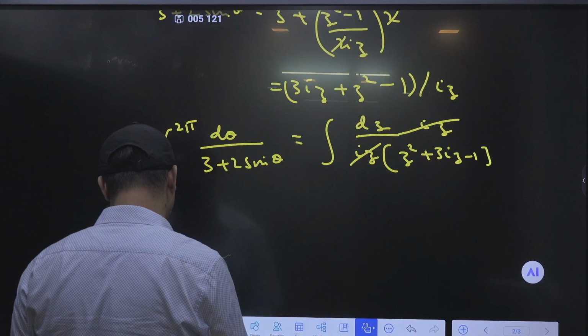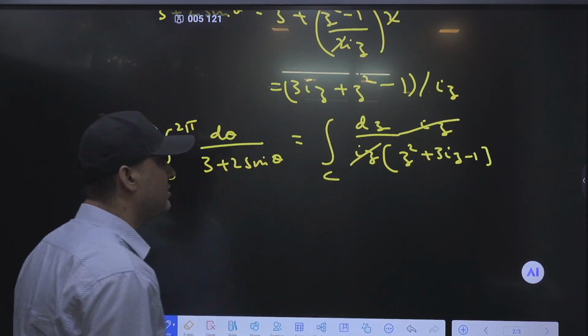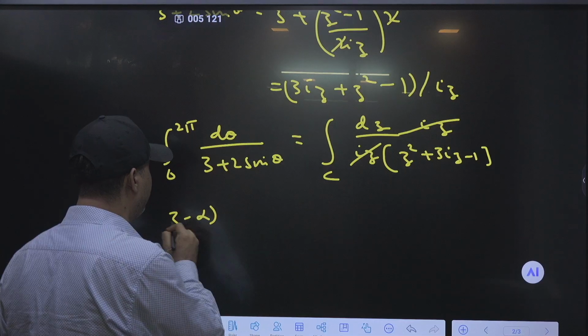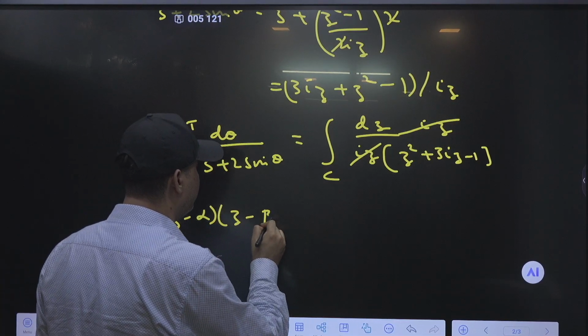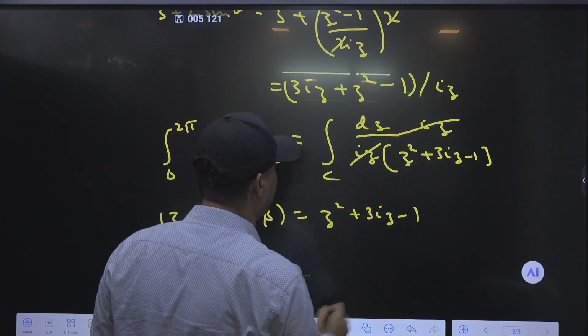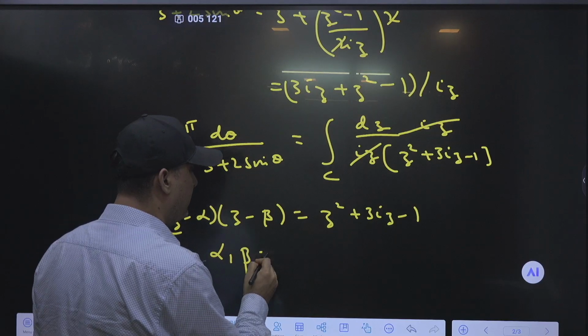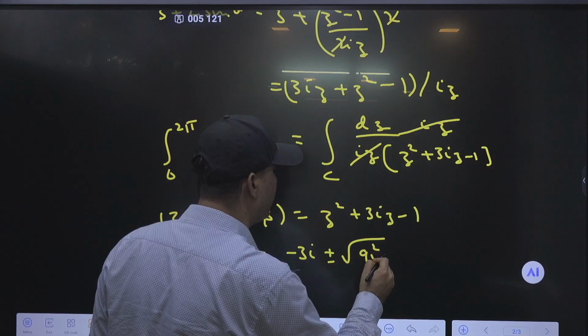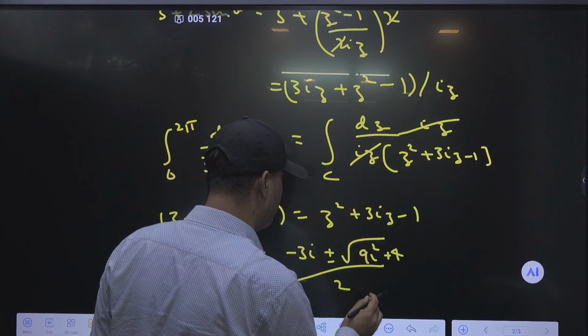So I can convert this to a contour integration, and this is over a unit circle. So if alpha and beta are the roots, I can very well say that z square plus 3iz minus 1 is the polynomial. So alpha and beta are nothing but minus 3i plus minus root of 9i square plus 4 upon 2.